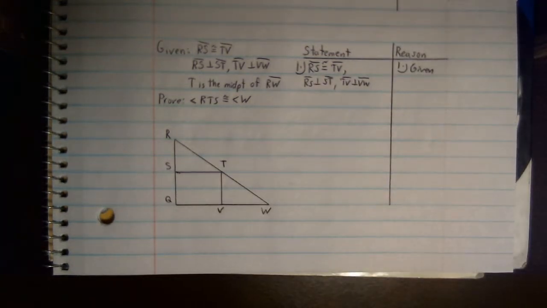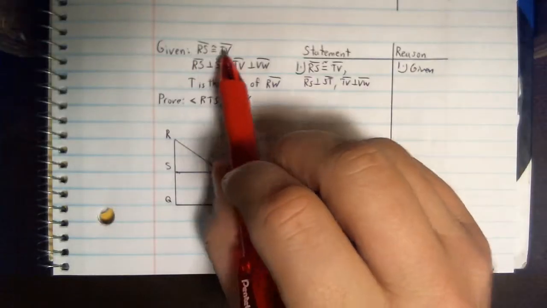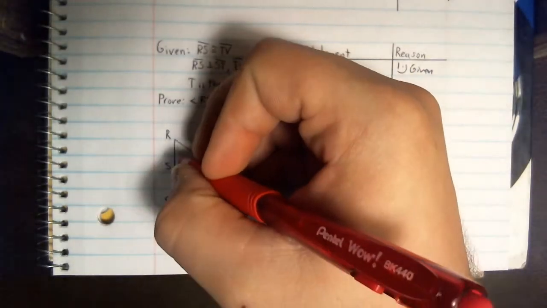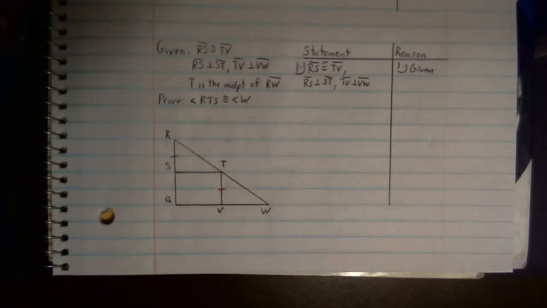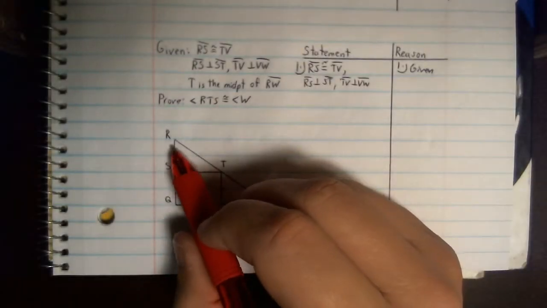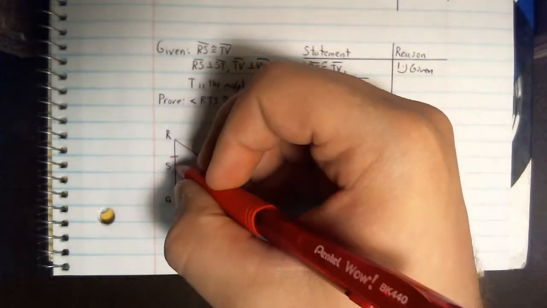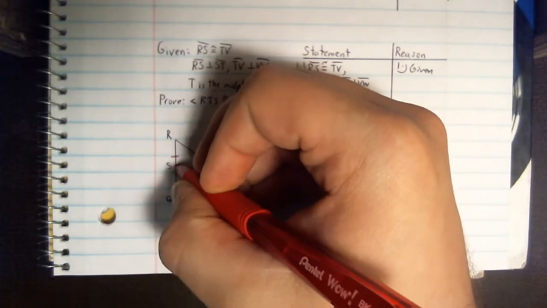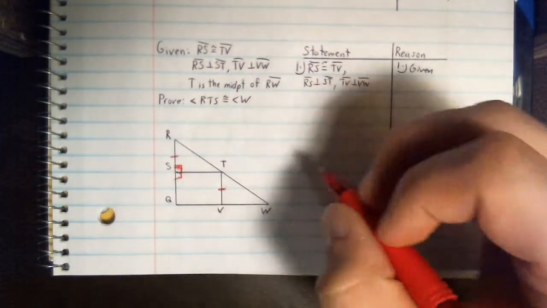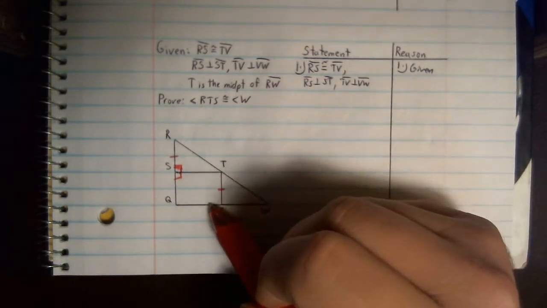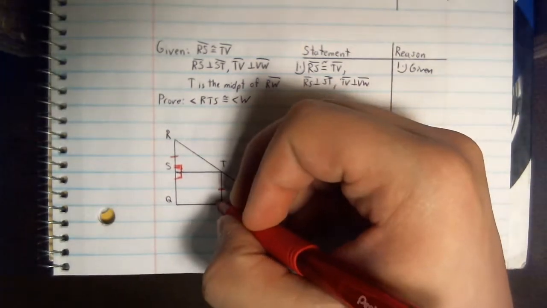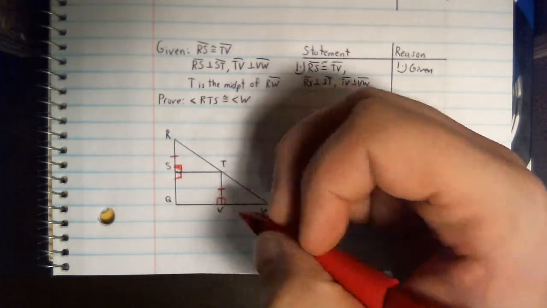Anything that we can mark? Yeah, it looks like we have congruency right here, RS and TV. We can also mark perpendiculars. So RS is perpendicular to ST, that's right here. And we have that TV is perpendicular to VW, so that's going to be right here.